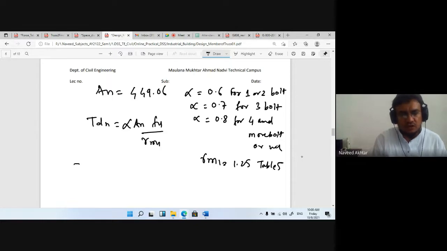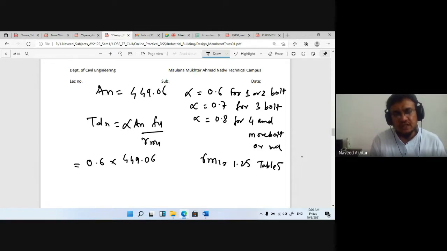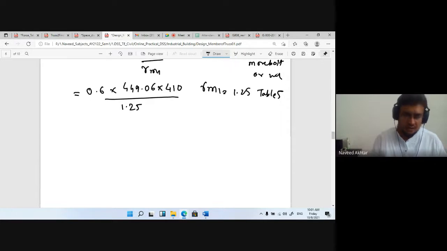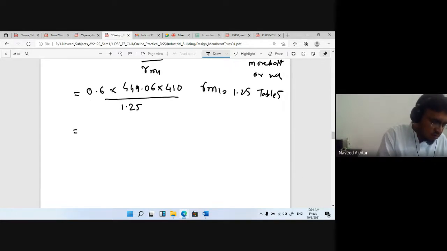We will put all these values. Alpha we will take 0.6 for 1 or 2 bolts. AN is 449.06, Fu is 410, and gamma M1 is 1.25 for rupture.